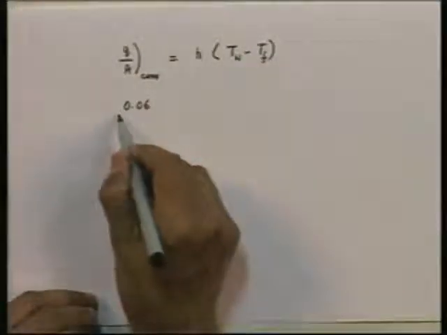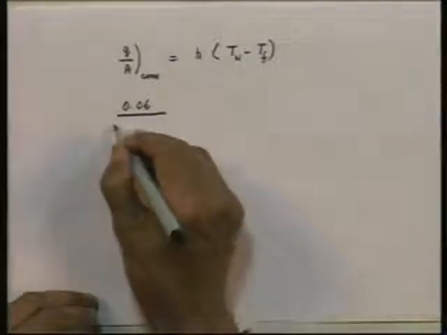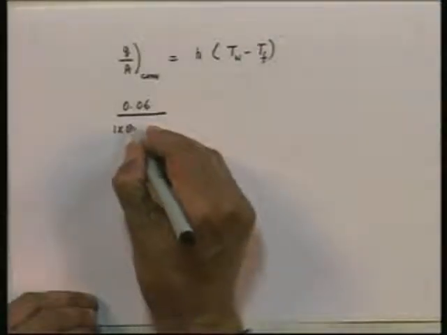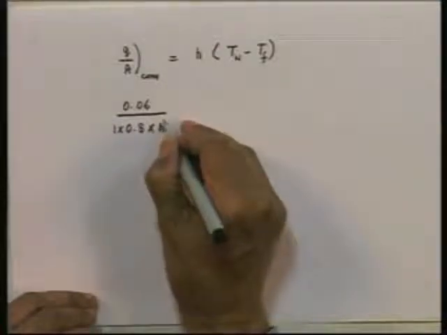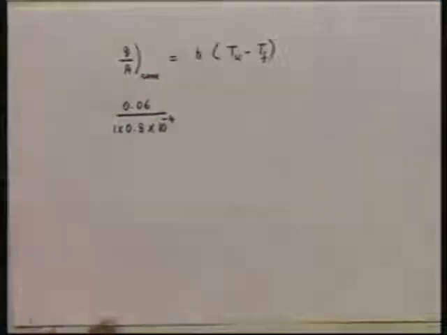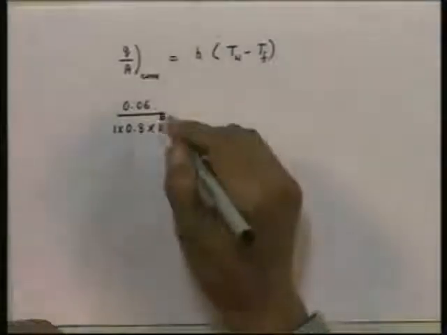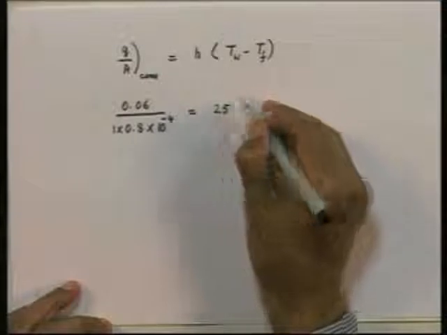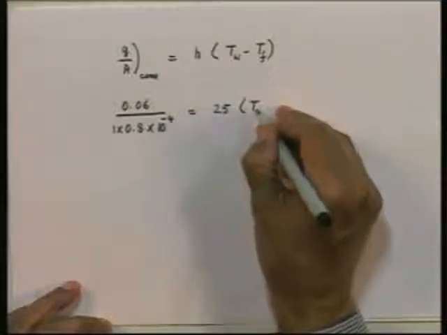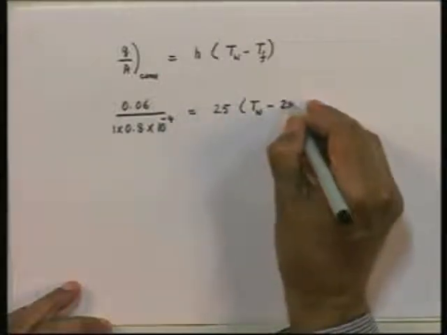So, 0.06 divided by 1 into 0.8 square centimeters into 10 to the minus 4 gives me so many square meters. So, I get watts per square meter is equal to the value of H, 25, into TW minus 22.